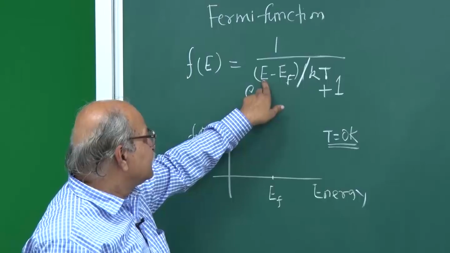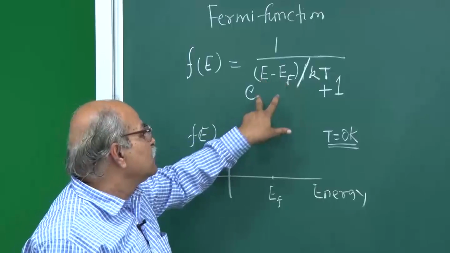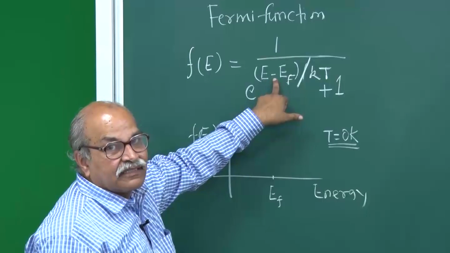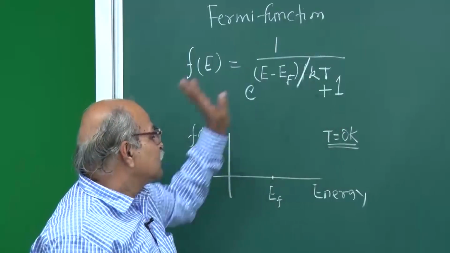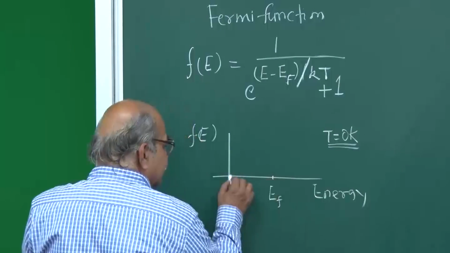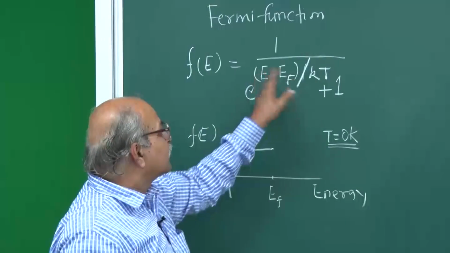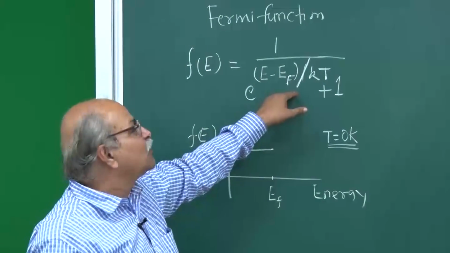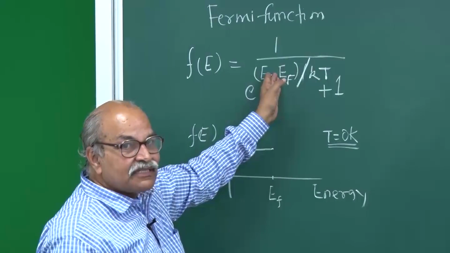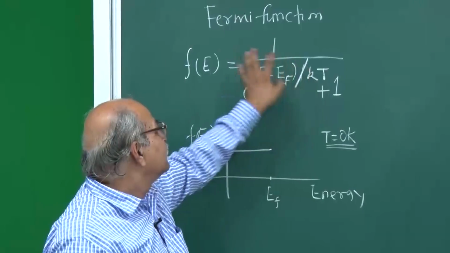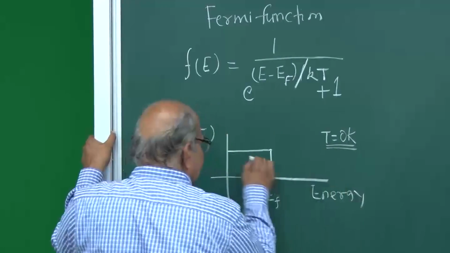But if E is less than EF, this is a negative quantity, and so it is e to the power minus infinity, which is 0, and then plus 1. So 1 divided by 1 is 1. So for all energies less than EF, this is 1, and for all energy greater than EF, this quantity is positive, and with T going to 0, this will become e to the power plus infinity. So this whole thing goes to infinity, and this becomes 0. So this is a step function.